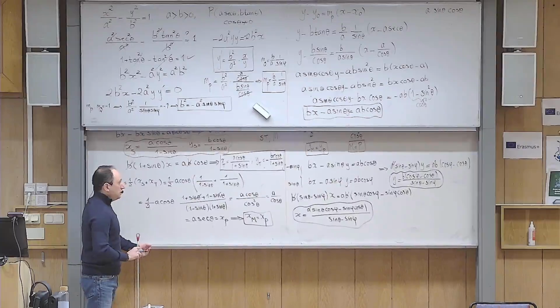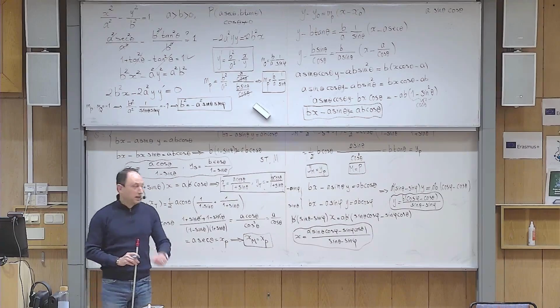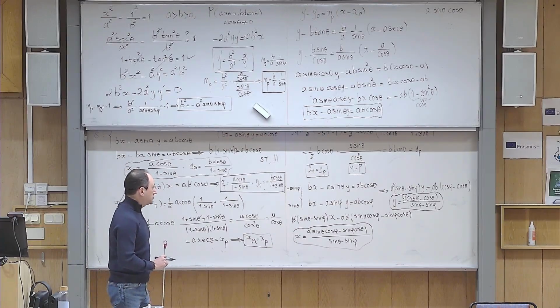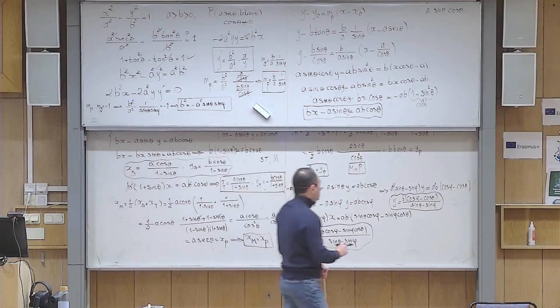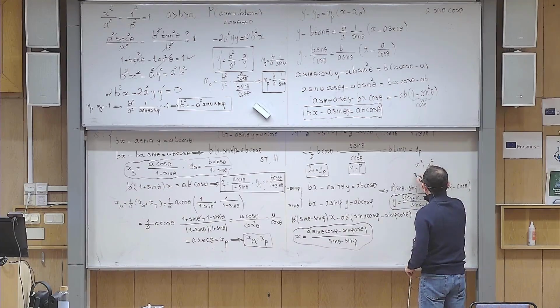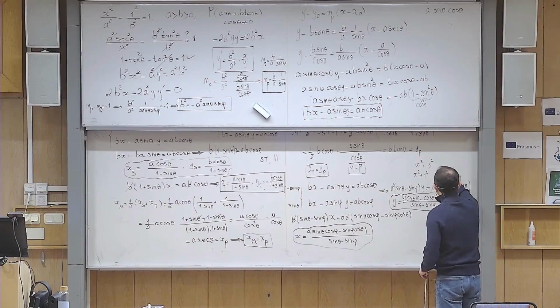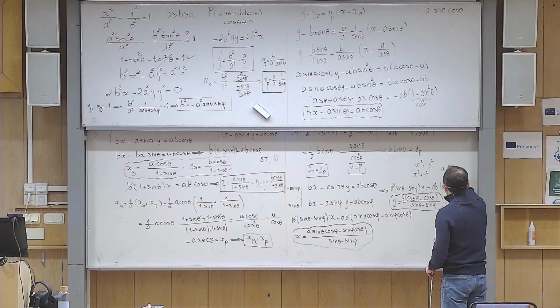Okay, so now what we are supposed to do is calculate x squared and y squared in terms of a, theta, and phi. So I want to calculate x squared, y squared, and finally, of course, the sum of them. But I want to write them in terms of a, theta, and phi.